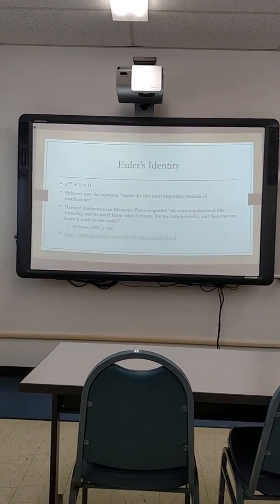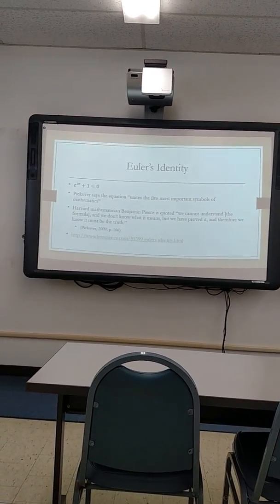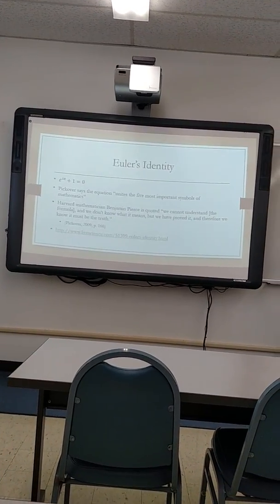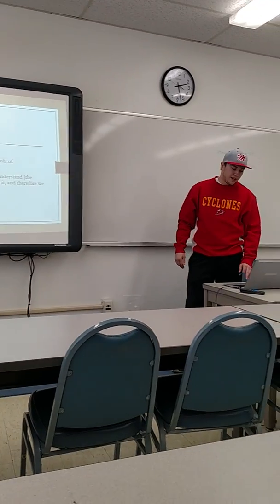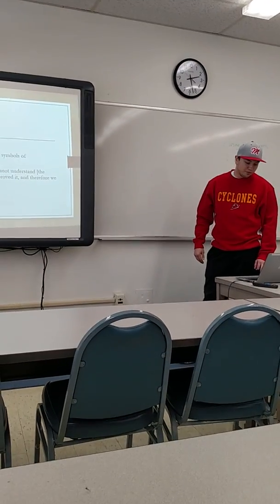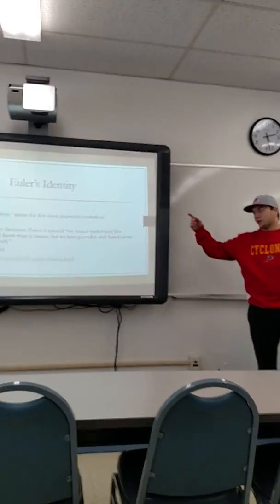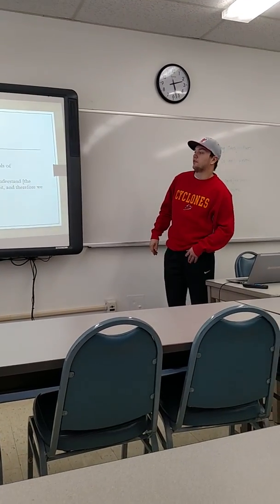This equation was in the Pickover book, and it's e to the i pi power plus 1 equals 0. And the book says that it unites the 5 most important symbols of mathematics. So obviously e, i, pi, 1, and 0 are the 5.